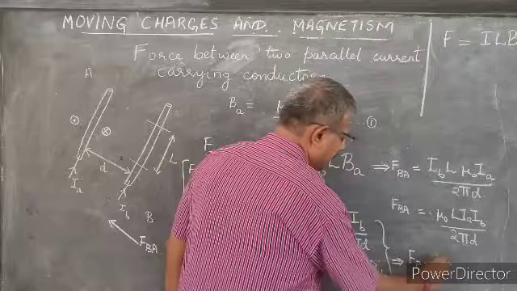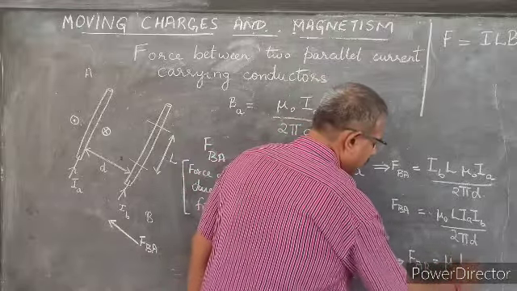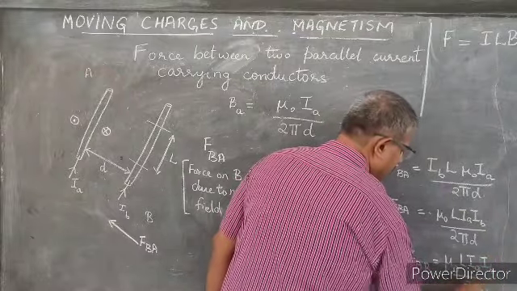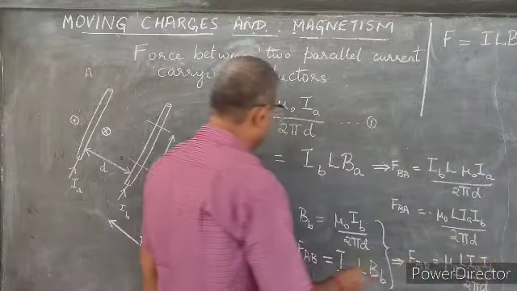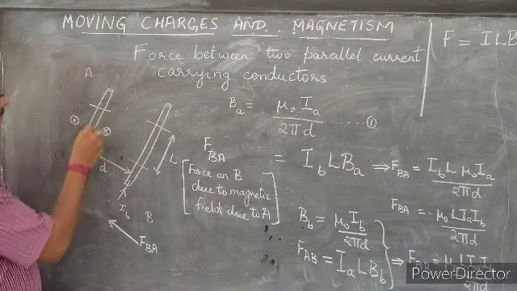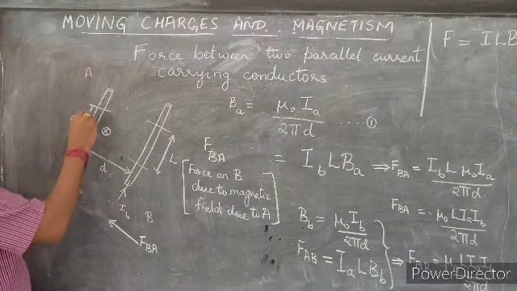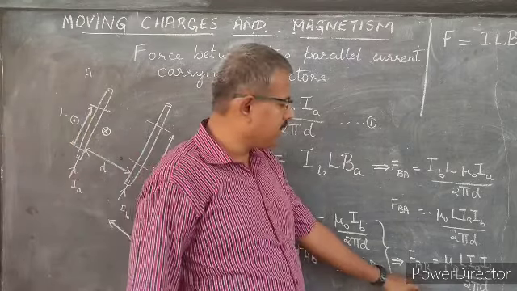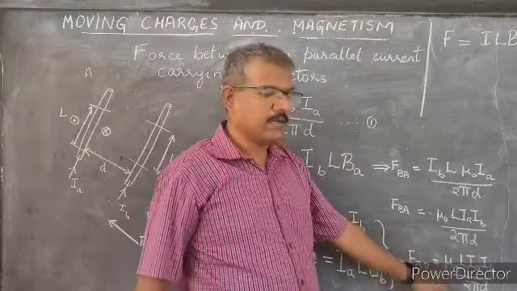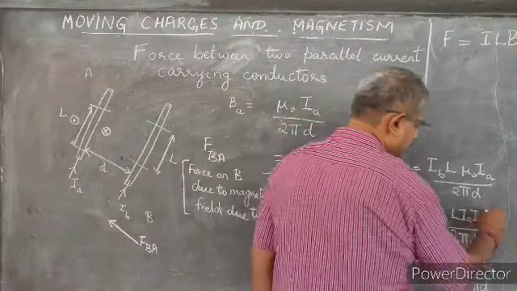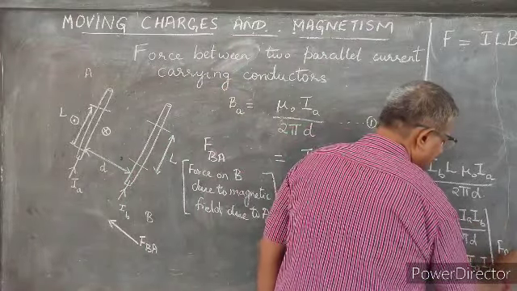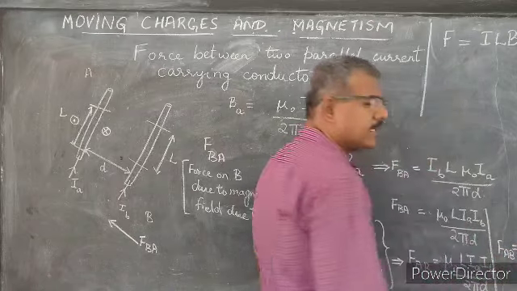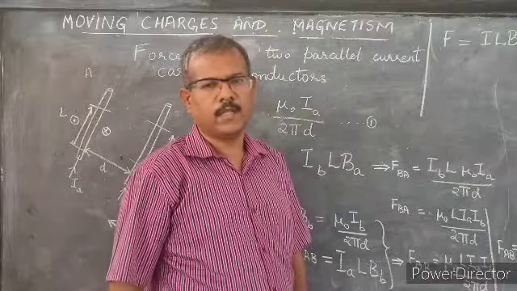FAB equal to mu naught L IA IB by 2 pi d, because here too I consider a length of the same specification, which is L. So FAB and FBA are the same, which means to say the force being felt by both the conductors due to each other is the same.